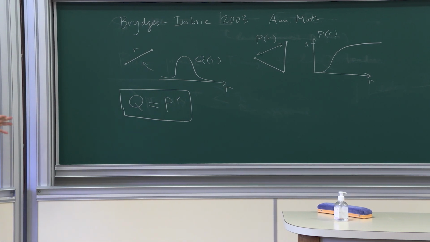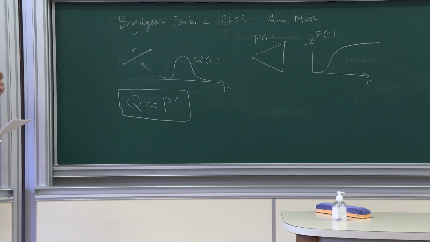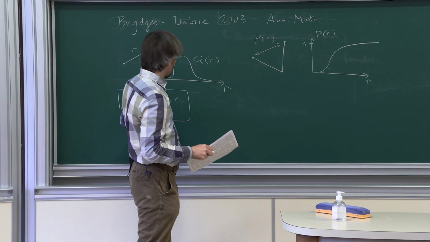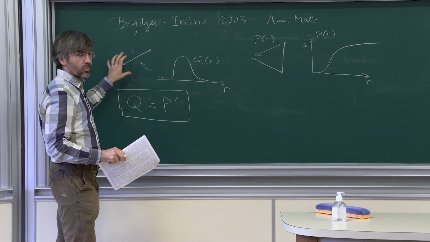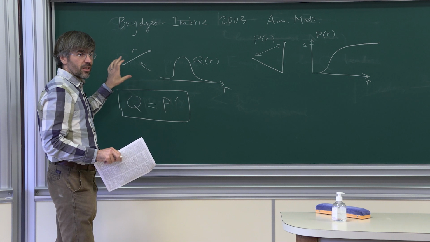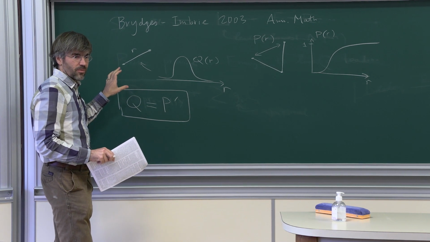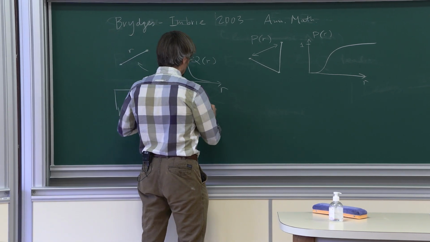This more or less corresponds to the shape that you would like to have. And what they showed is that in this particular case, Q equals P prime, the partition function of branched polymers has an exact supersymmetric representation. So from this case, they found exact SUSY.